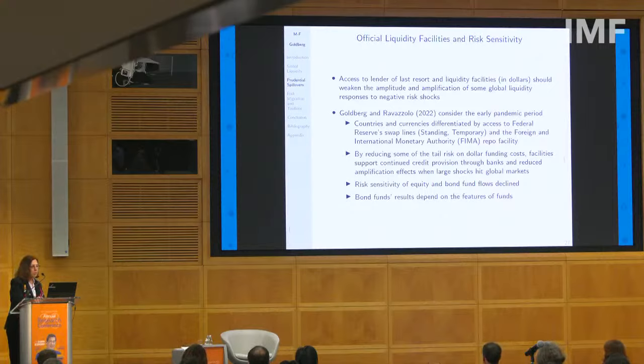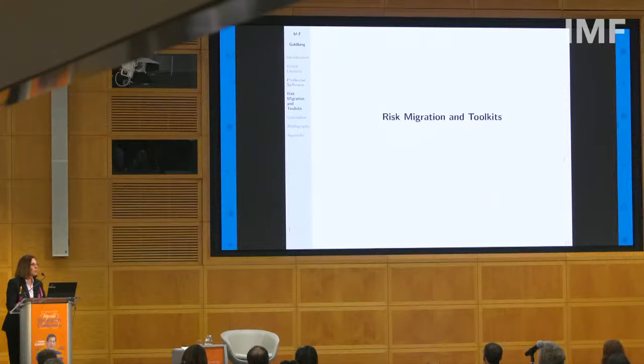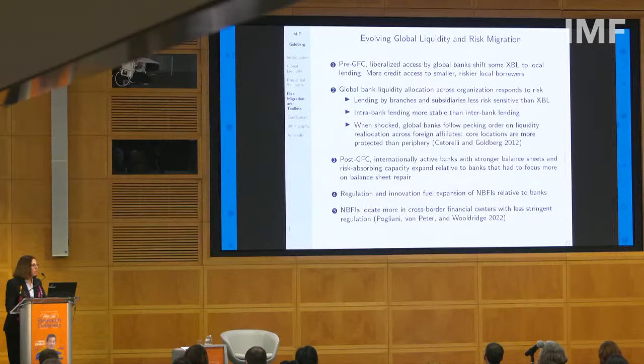Okay, so my last two themes will focus on risk migration and toolkits. So think back to the stylized history of the last 40 years and to the drivers that I have presented. Pre-global financial crisis, liberalized access by global banks shifted some cross-border lending to local lending through the branches and subsidiaries of foreign banks.